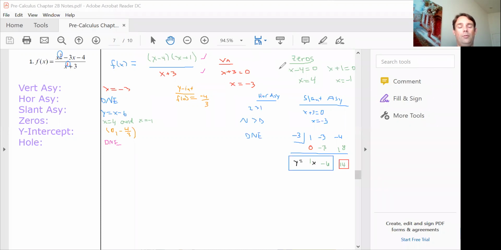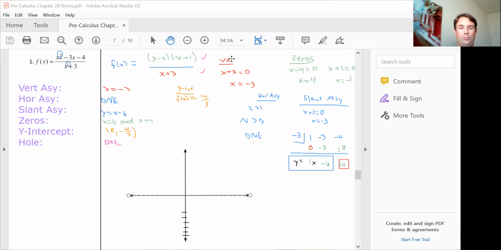So we're going to make a rough sketch now. What does it look like? Move that axis up a little bit.